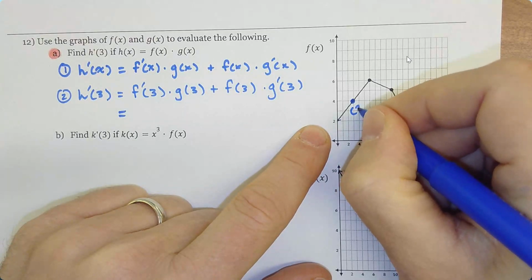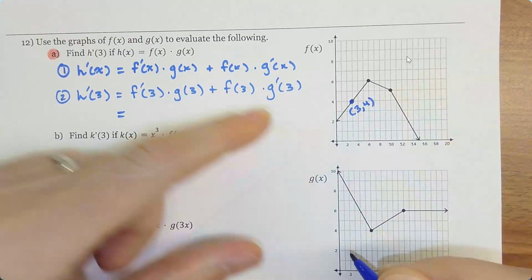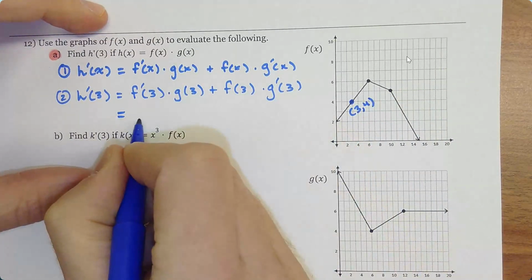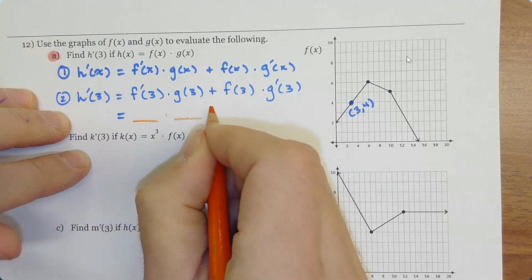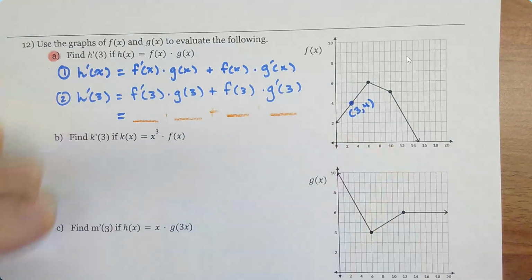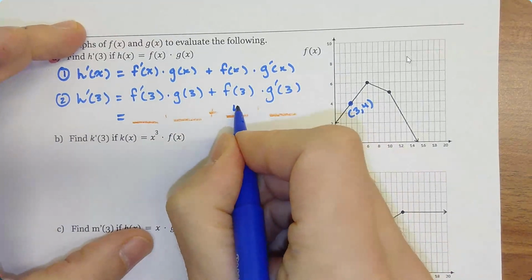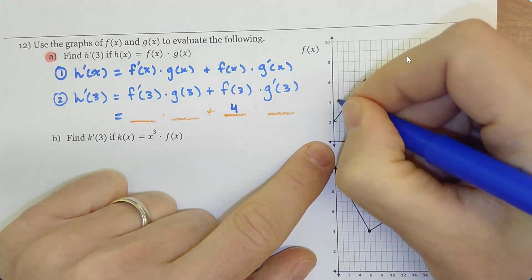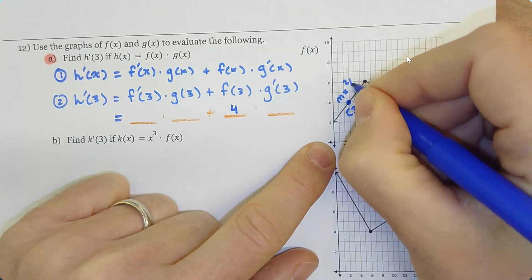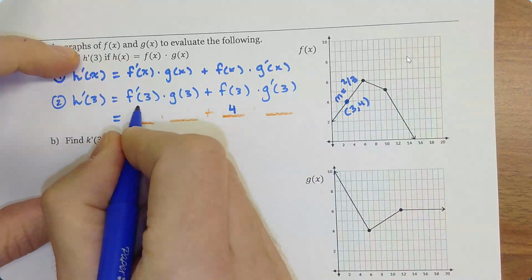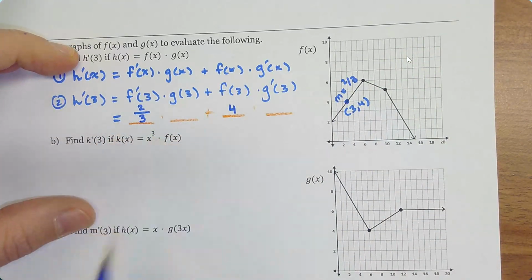So it goes through the point 3, 4. That tells us that of the 1, 2, 3, 4 spaces we need to fill in, this one's going to be a 4. And the slope right here is up 2 over 3. So Franny prime of 3 is going to be 2/3.